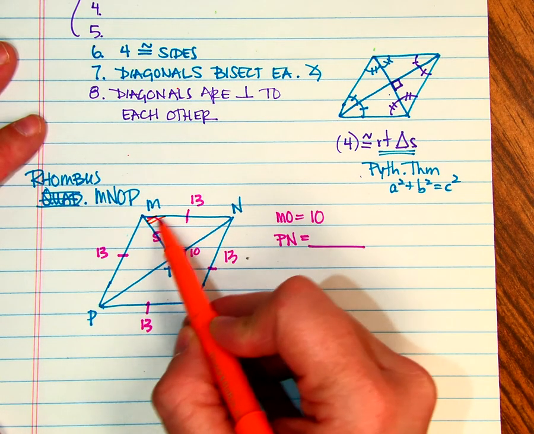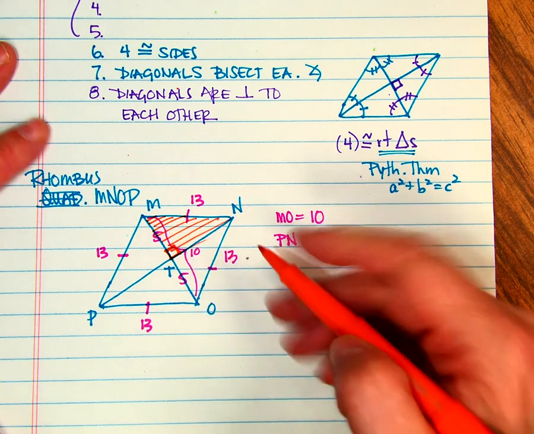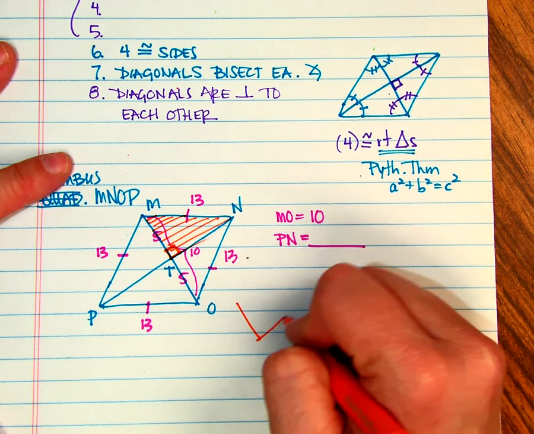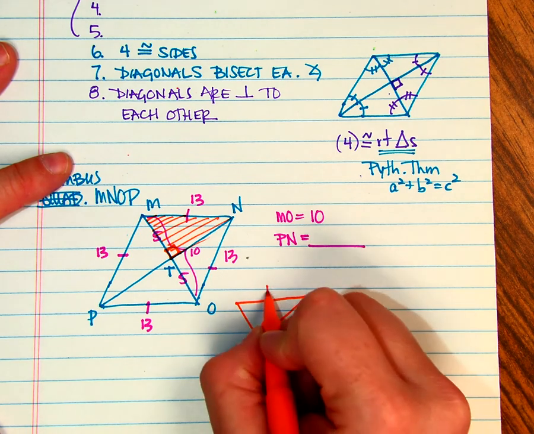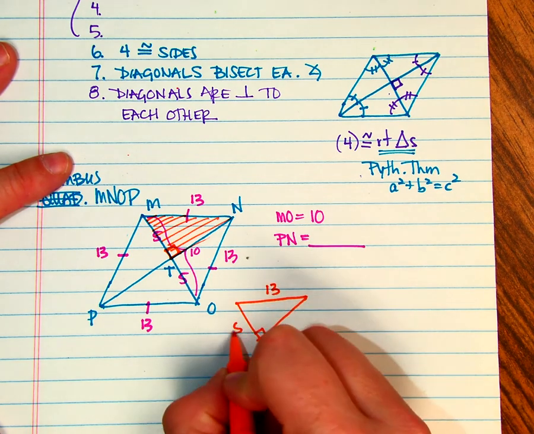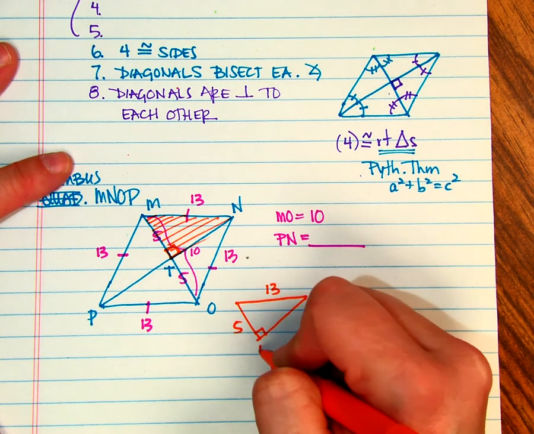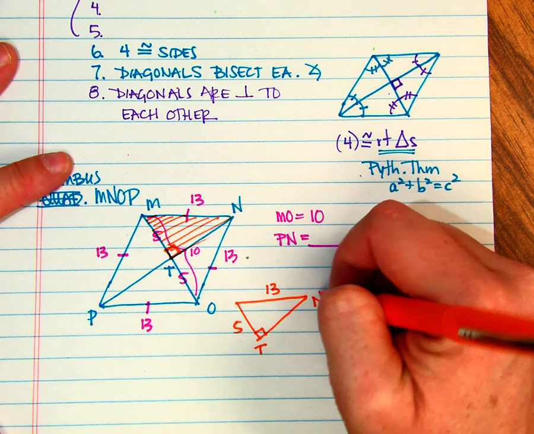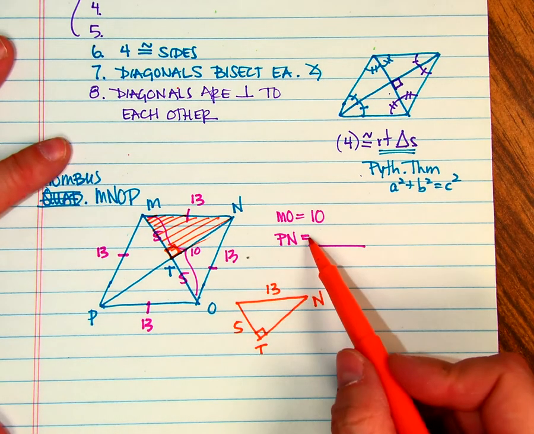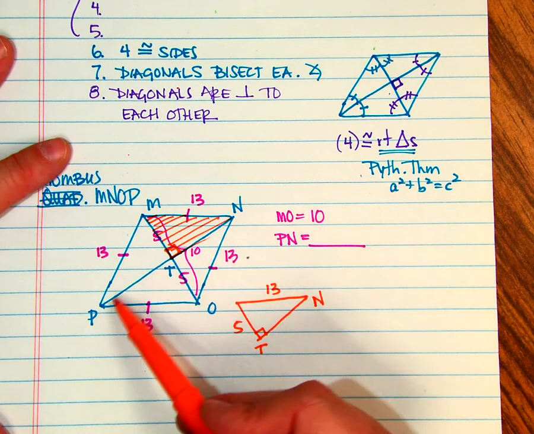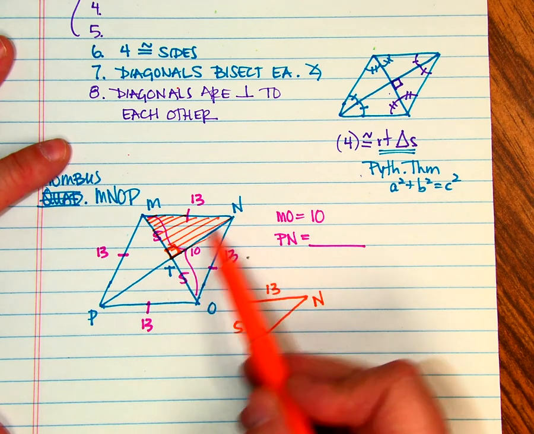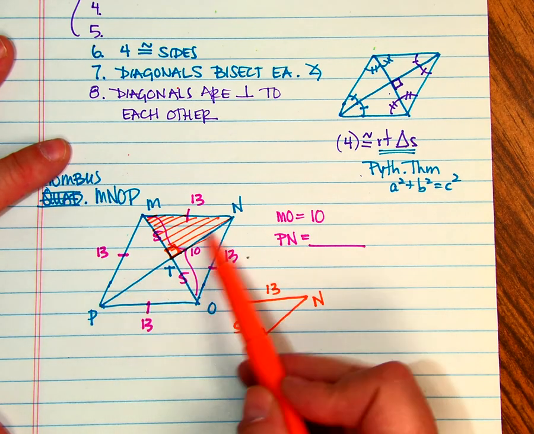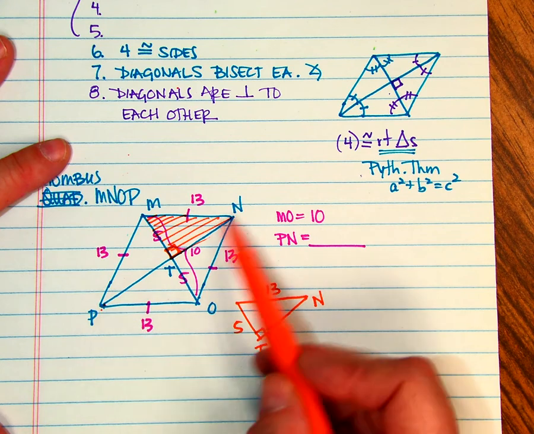I'm going to kind of isolate this right triangle so you can see what I'm talking about. There's my right angle. This is 13 and this is 5. There's my T and there's my N. But I'm looking for PN. But I know that diagonals bisect each other, so if I know TN, I can just take that times 2 to get my whole length segment of PN.